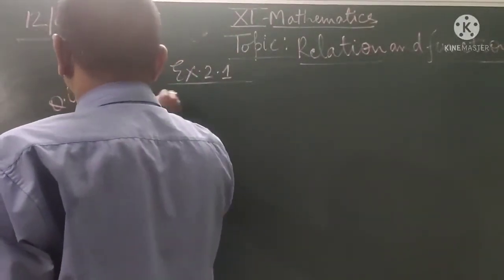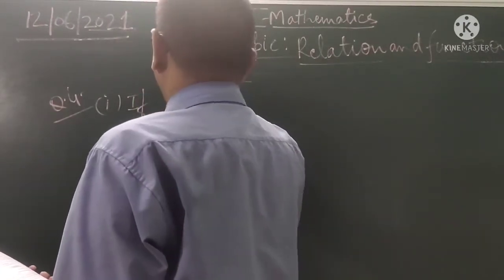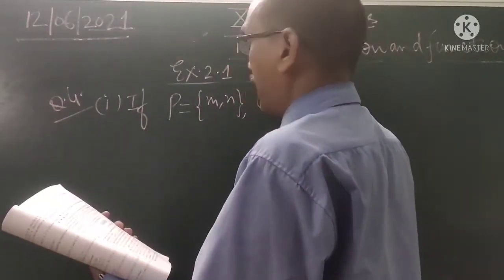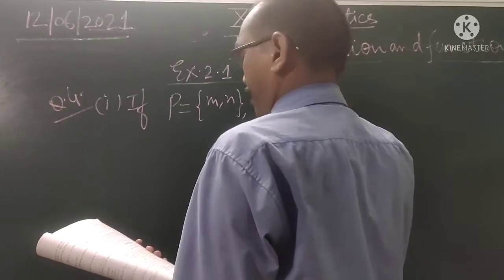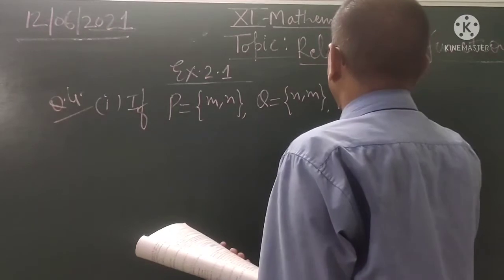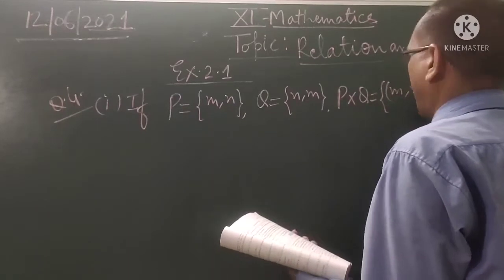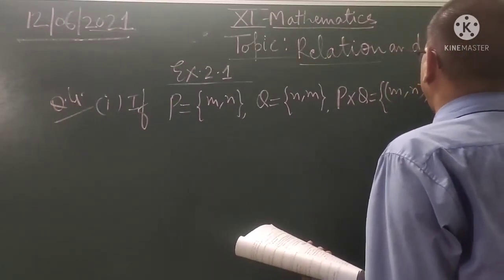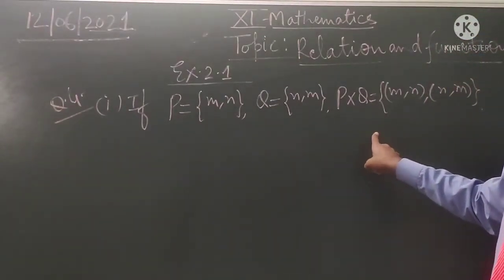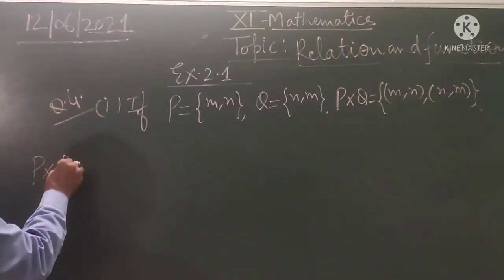If there is a set P equal to {M, N} and Q equal to {N, M}, then P cross Q is given as (M, N) and (N, M). Now you have to tell whether that is correct or wrong. So let us find P cross Q.